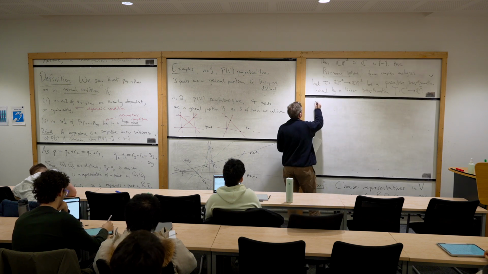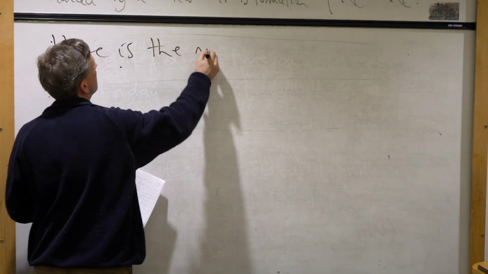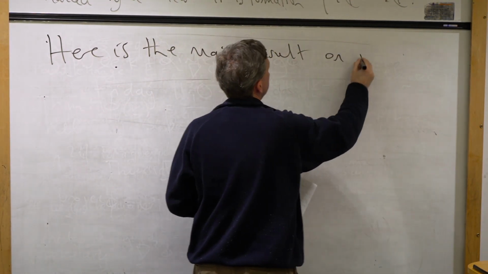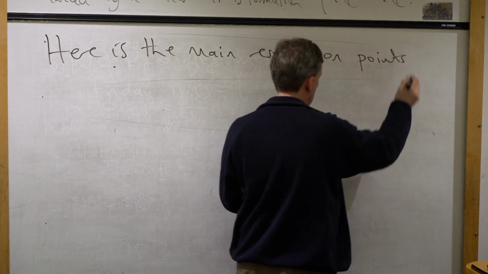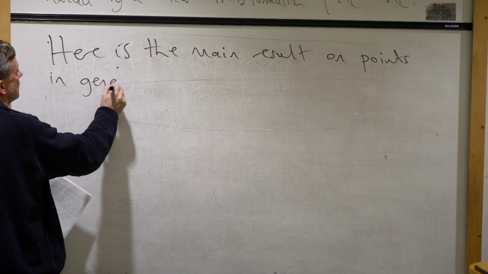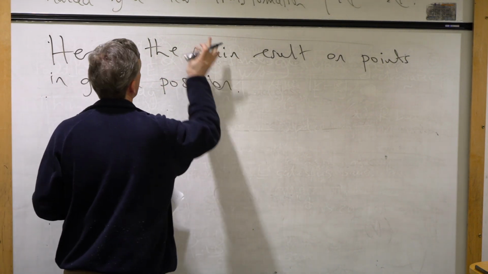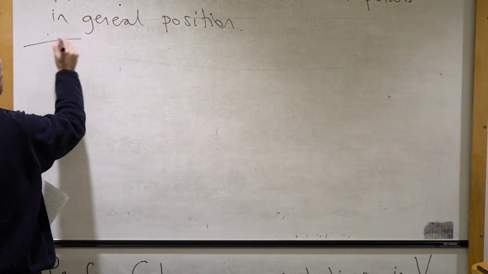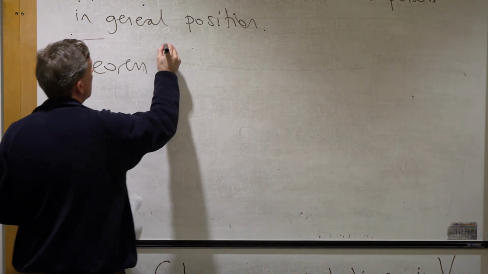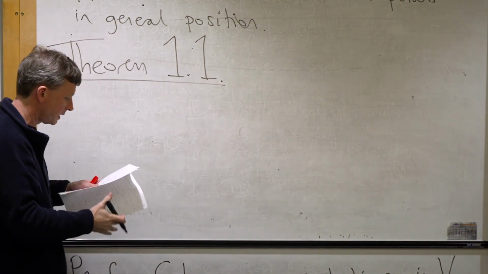Okay, so here is the main result on points of general position. So it's a theorem, and I'll give it the number 1.1, so I can refer to it later.